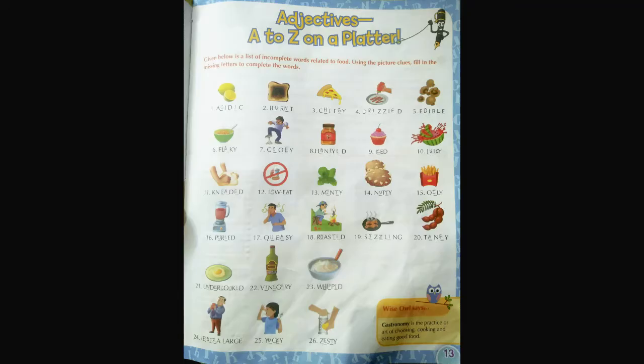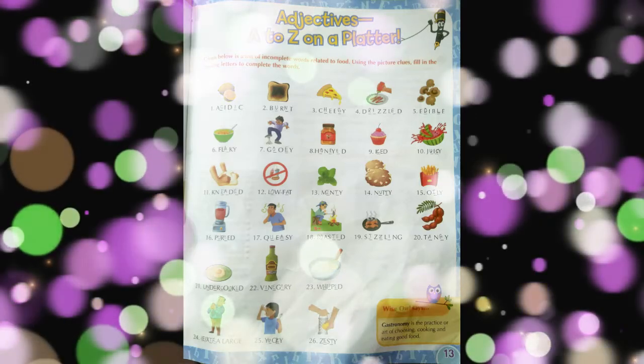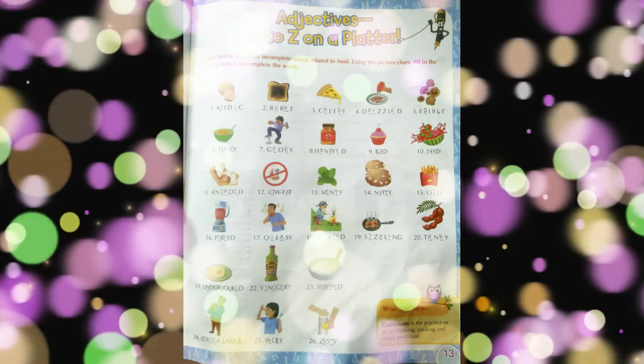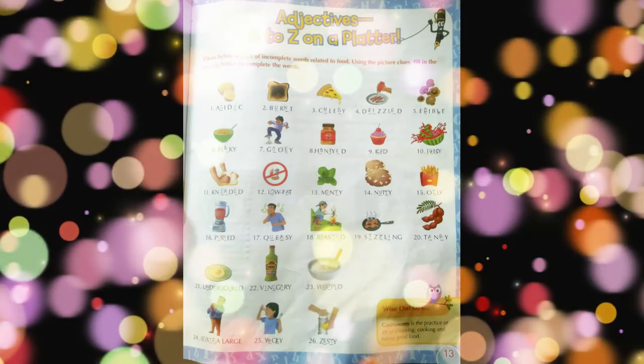From page number 13, adjectives A to Z on a platter. An adjective is a word that describes a noun or pronoun, such as a person, place, thing, or an idea.